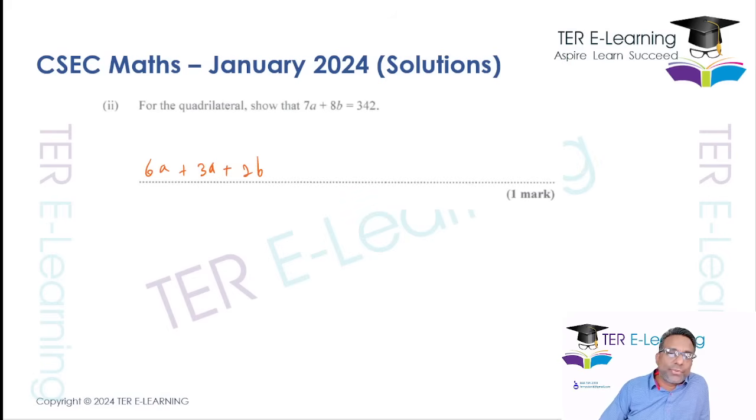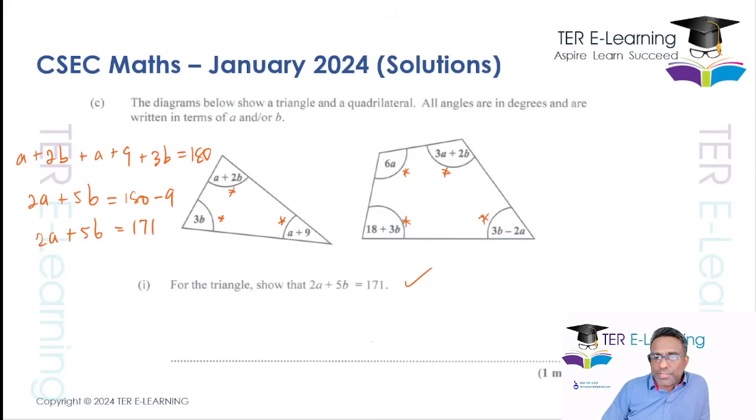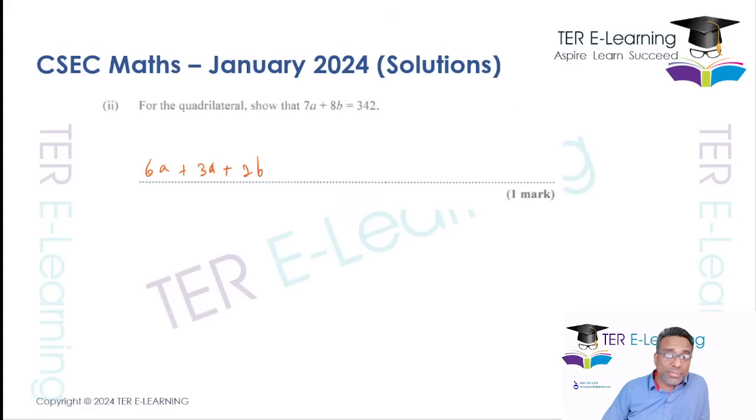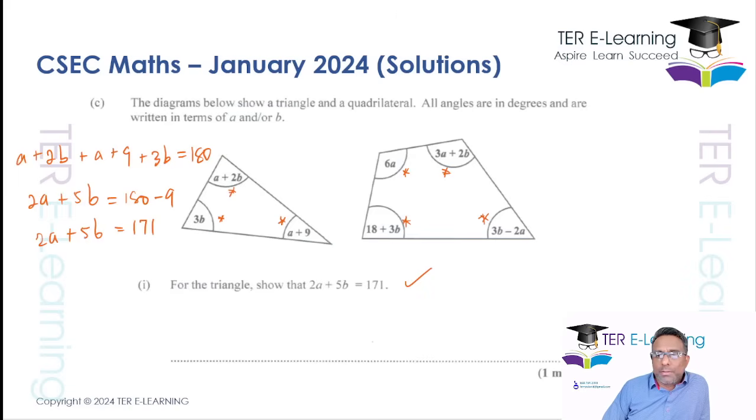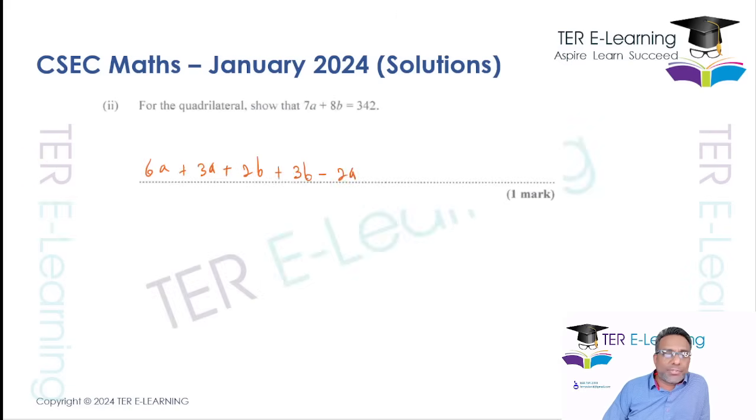A plus 2B plus 3A minus 3B minus 2A plus 18 plus 3B. And you're going to put that equal to 360.